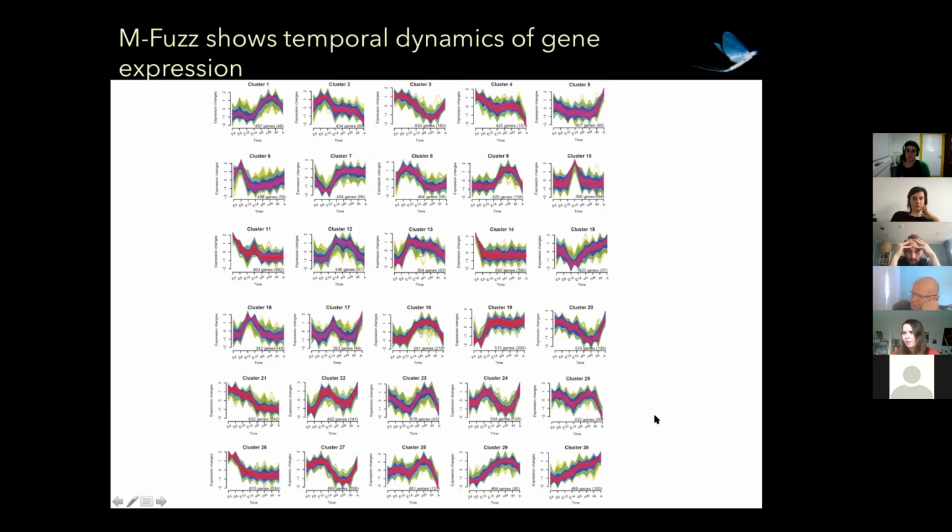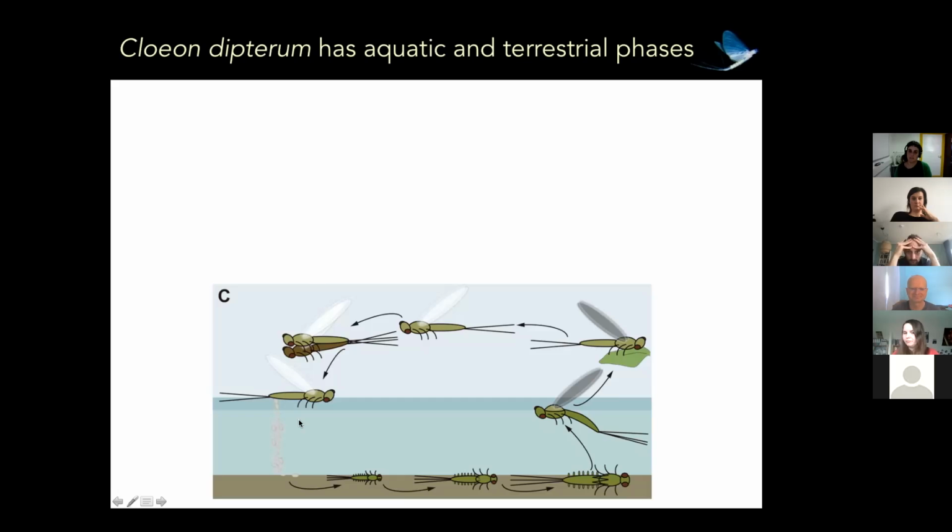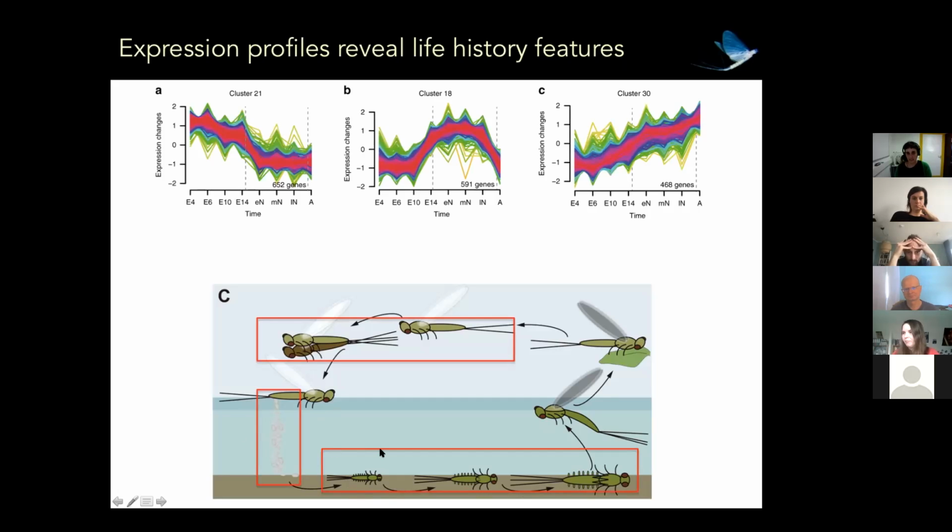At this point, we wanted to focus on genes that could recapitulate the life history traits of mayflies. So we have clusters with high expression during embryogenesis, other clusters that contain genes highly expressed during nymphal stages, or clusters with genes highly expressed in adults. We focused a bit more on the transition between aquatic and aerial or terrestrial life.